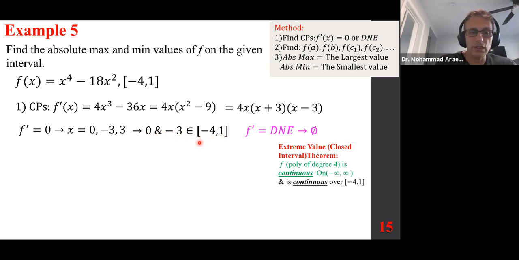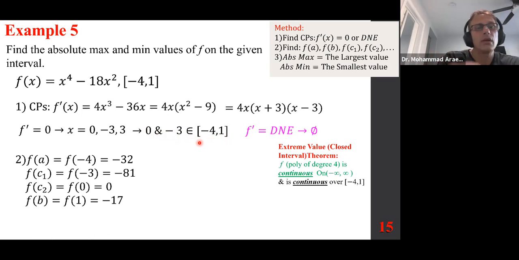Let's plug in. This is elementary algebra. You plug in negative 4, it gives you negative 32. You plug in negative 3, it gives you negative 81. 0 gives you 0. And the second endpoint, namely b, which is 1, gives you negative 17.